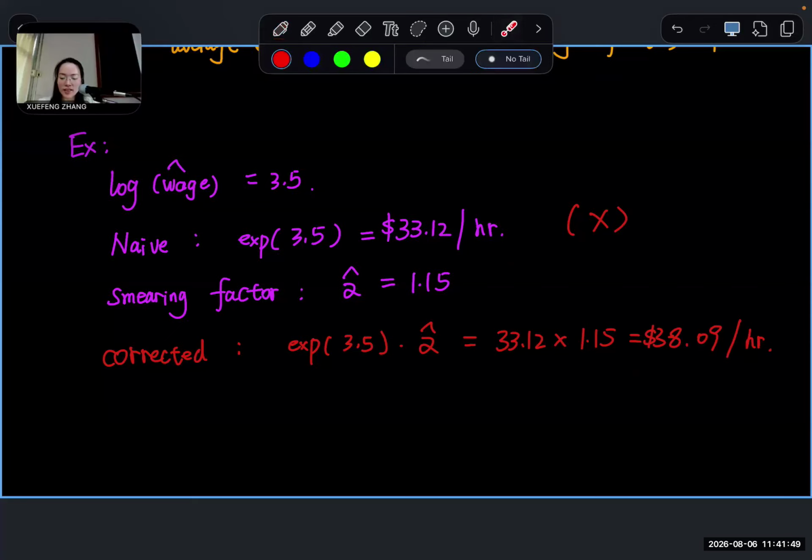Okay, so you see the difference. The naive guess was 4.97 too low, which is underestimated.